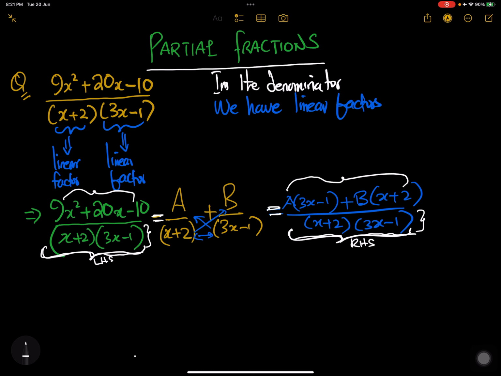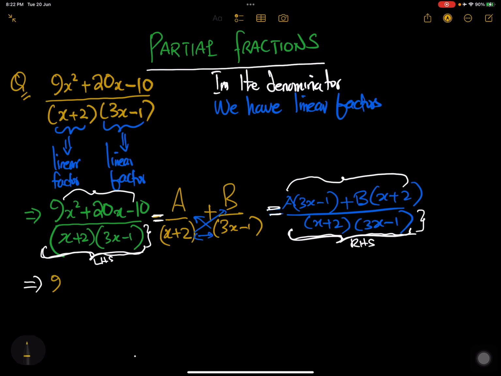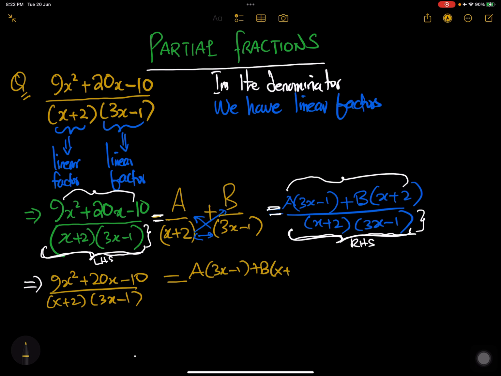Because of that, we have 9x squared plus 20x minus 10 over (x plus 2)(3x minus 1) equal to A(3x minus 1) plus B(x plus 2), all divided by (x plus 2) multiplied by (3x minus 1).